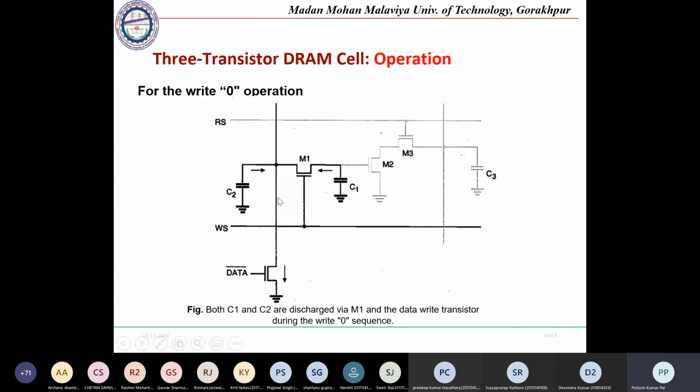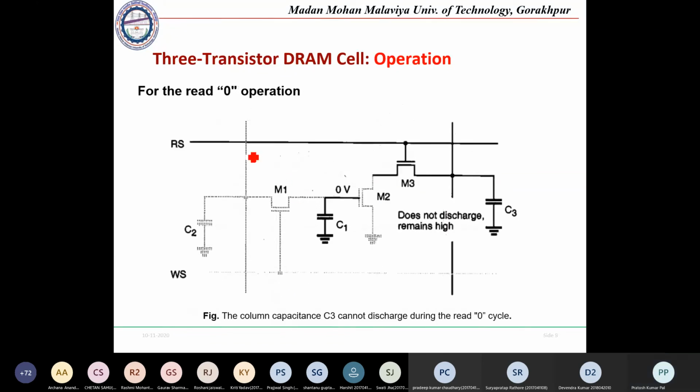This is how the write zero operation is performed. While writing the data, this makes the connection directly to ground, so whatever data is at C3 and C2 will be connected to 0. This will reduce the value of C1. Similarly for reading the data, the transistor will be off and 0 will be stored.